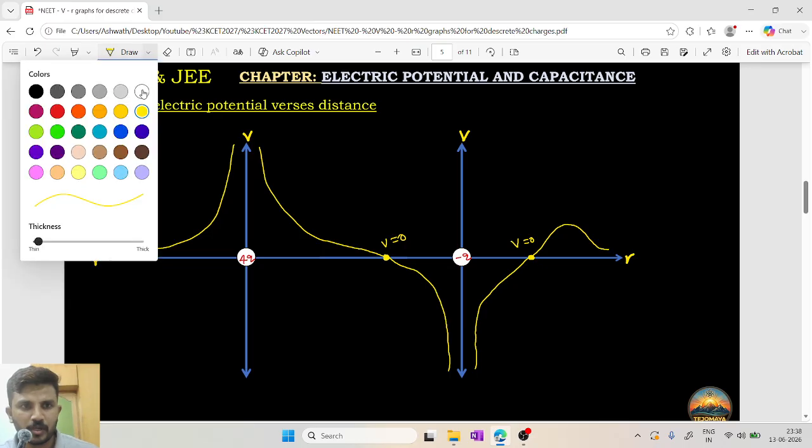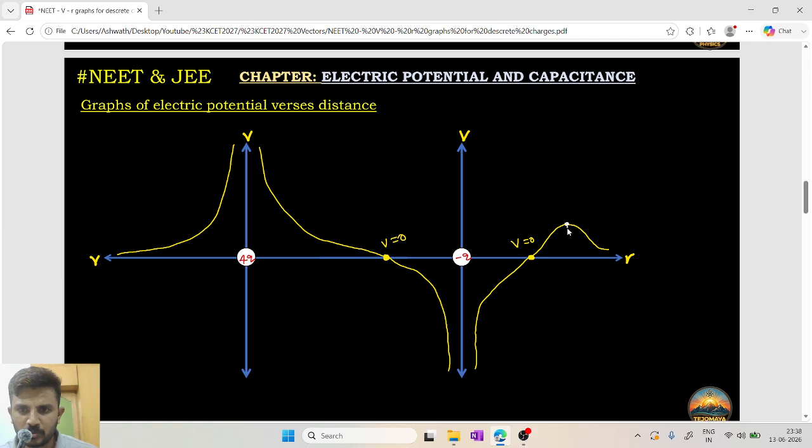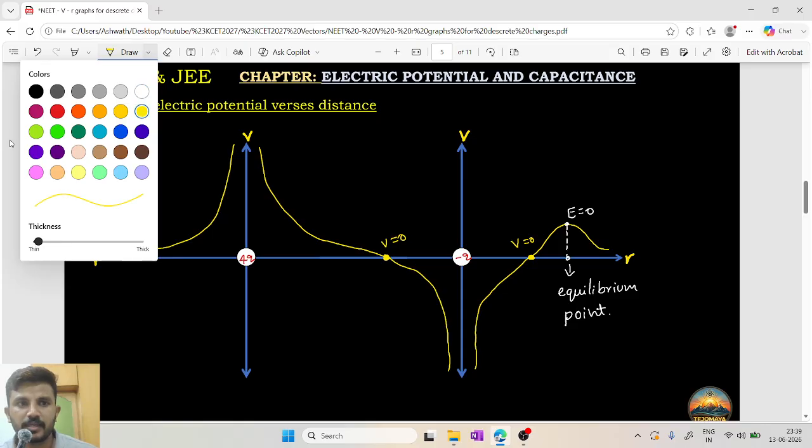So at this point, slope is 0. So at this point, the electric field is 0. That is called the equilibrium point. Clear? This is how we have to plot the graph for electric potential versus distance for this case.